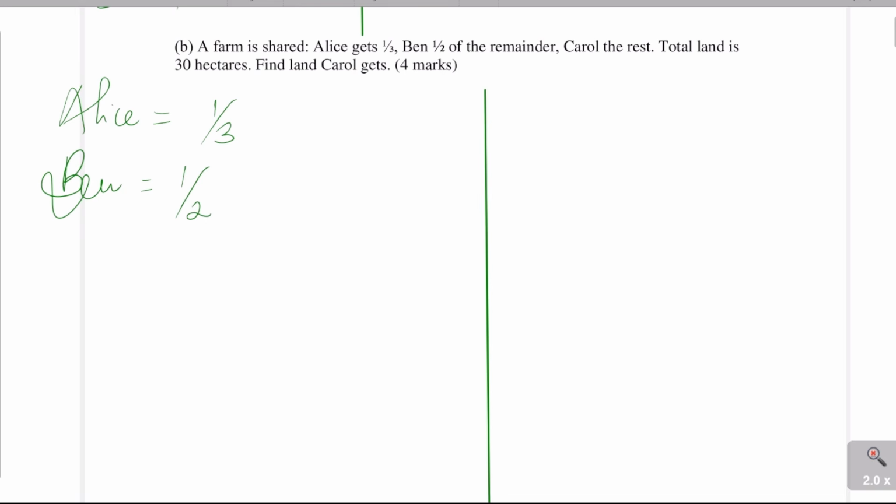So what remains after Alice got a third? We get the remainder by taking the whole piece of land and assuming it to be 3 divided by 3, or 1, a whole fraction.